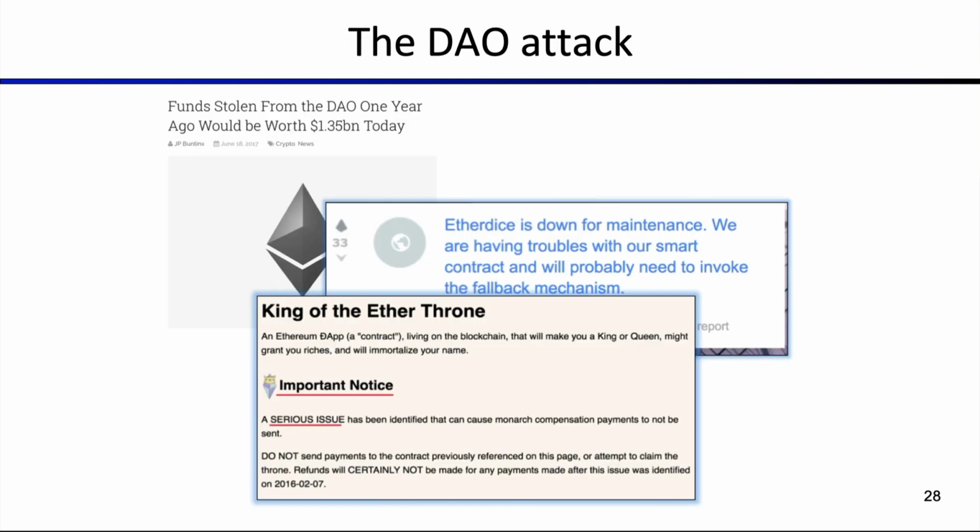So we've witnessed a variety of attacks. The DAO attack was probably one of the most famous attacks, where a significant amount of funds was stolen. EtherDice, which was one of the very popular gambling sites, was down for maintenance as it had security issues. The Ether Throne had issues.